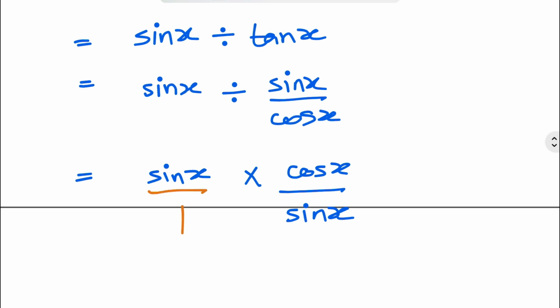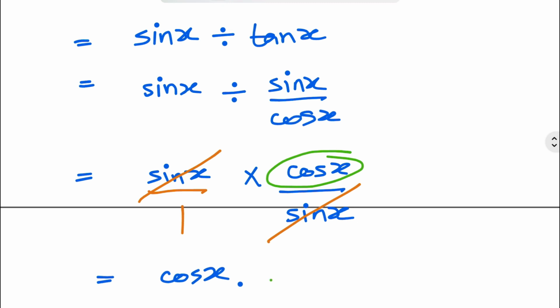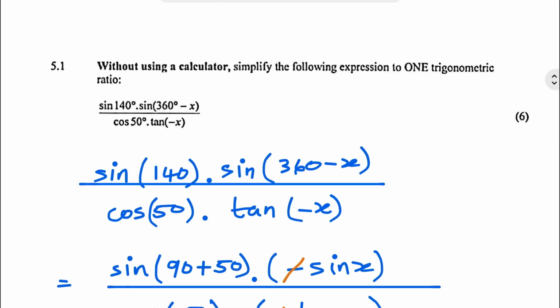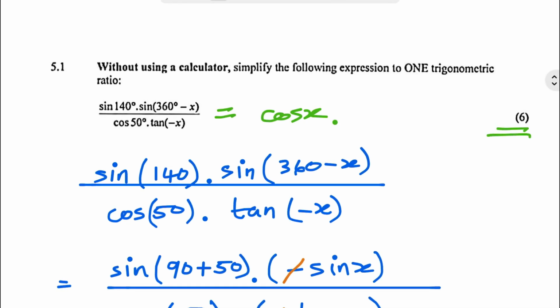Here we notice the multiplication by sine and the division by sine would also cancel each other out, like we saw earlier. We are then left with cos x at the top, and that's our final answer. All of this is simply equal to cos x.